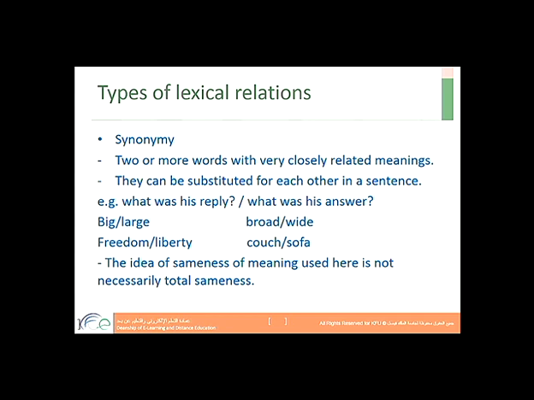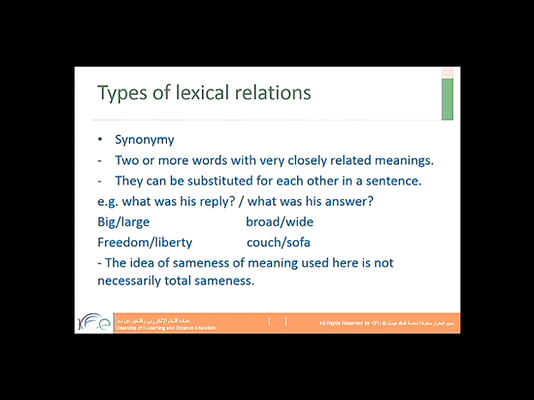The idea of sameness in these words is not necessarily total sameness. I can't say that the word reply has exactly the same meaning as answer.